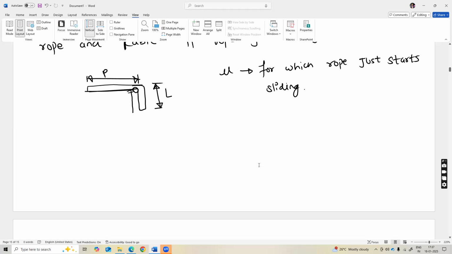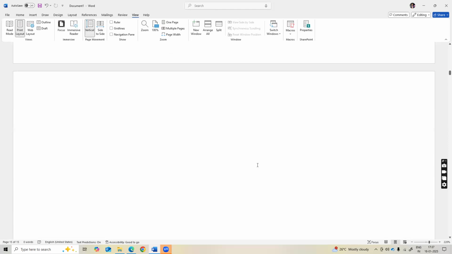The next question is also similar, but slightly tricky. A rope lies on a table such that a part of it hangs down the table.